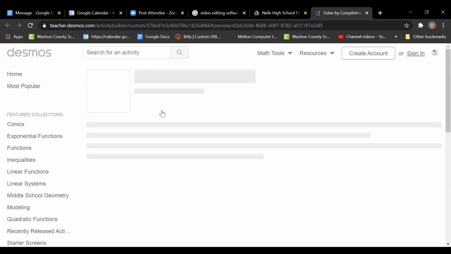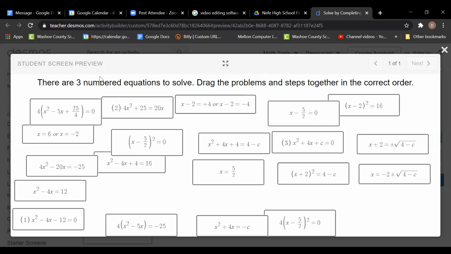Once you do that, this is where you come to. And there are 3 equations to solve. Drag the problem and steps together in the correct order. So you're going to be comparing 3 of these together to go ahead and create the answers. Okay, so you can go ahead and practice with this.